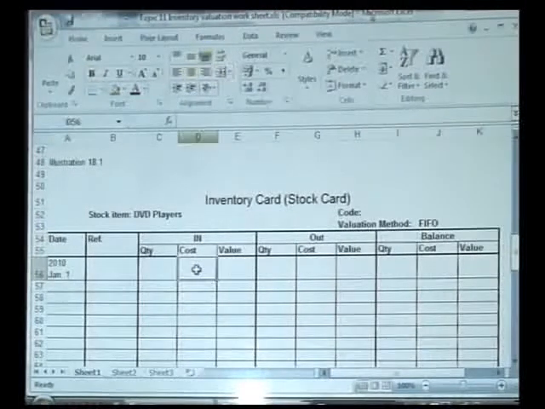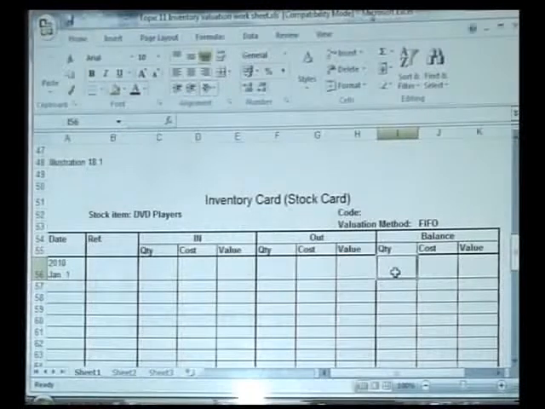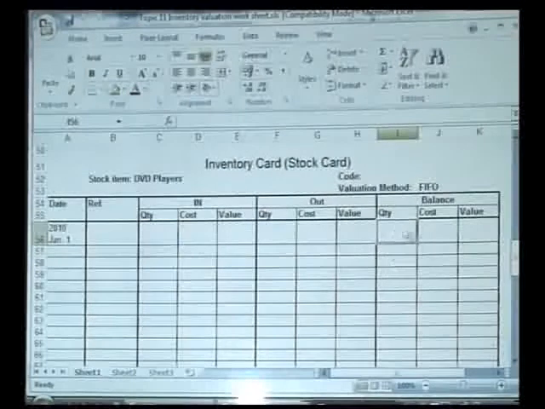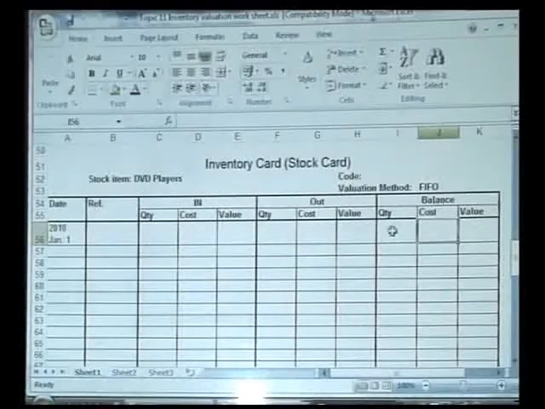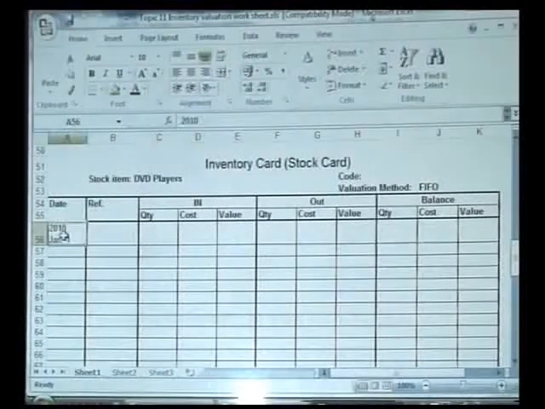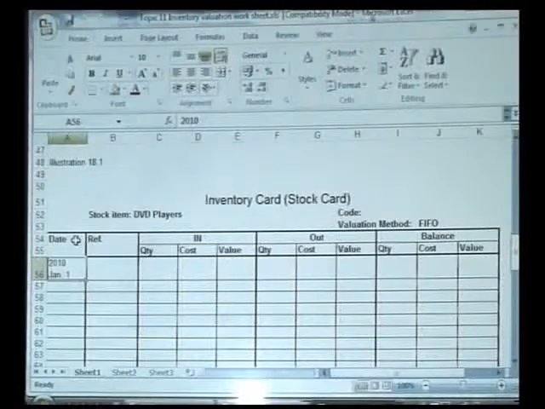You received some amounts of goods, and then you issued some amounts of goods, and finally there must be a stock in the warehouse. The balance shows the stock on hand. So now you can turn to illustration 18.1.